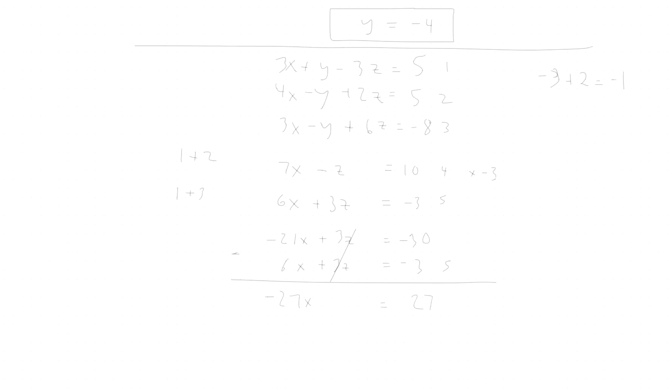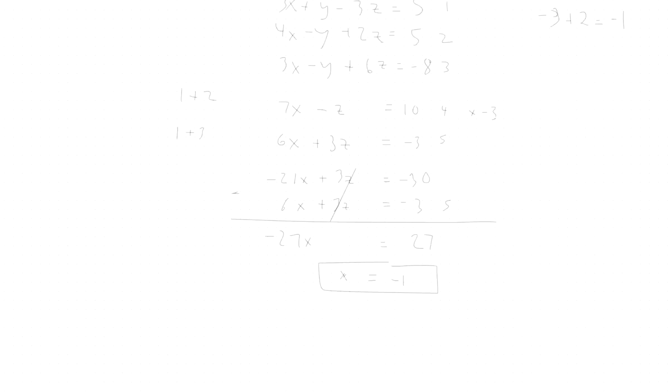27. Okay, so then divide both sides by negative 27. So you'll get x equals what? Negative 1. All right, so that's x solved. Now we're going to take that and substitute into, say, equation 5.